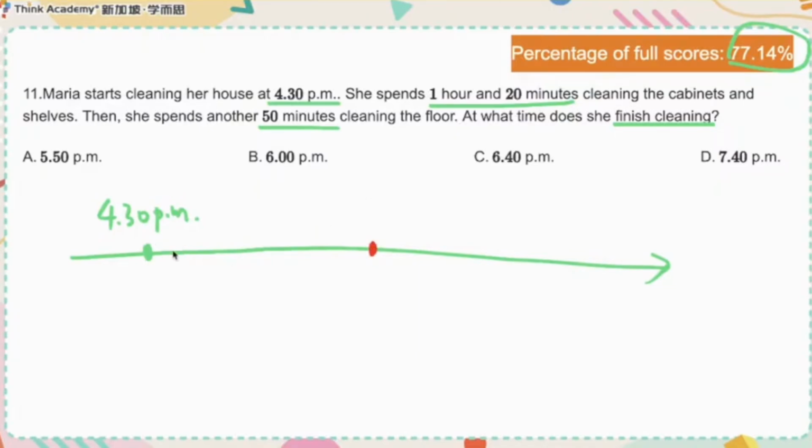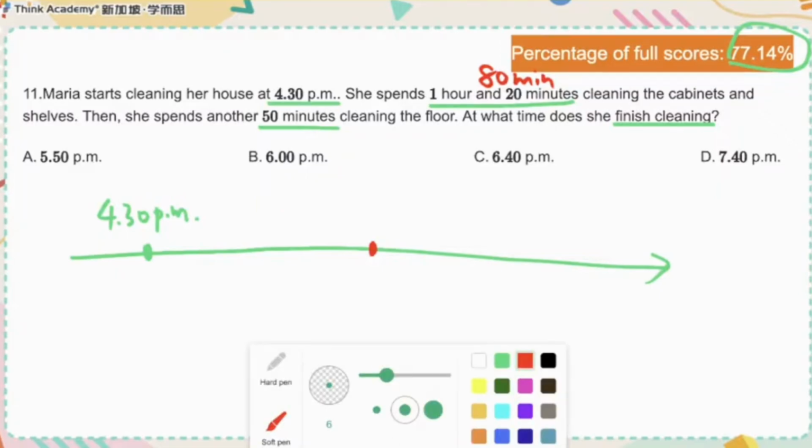How can we calculate? In this question, we know that 1 hour and 20 minutes is 80 minutes in total, right? But if we just add, 30 plus 80 gives us 110. Is it our time? No, can never, right? We don't have 110 minutes in 1 hour.